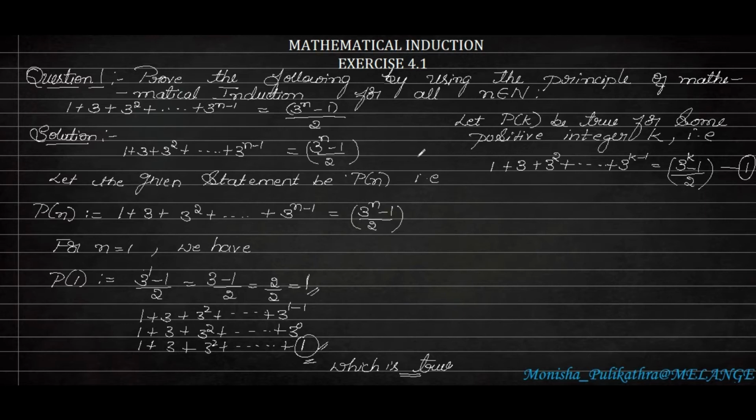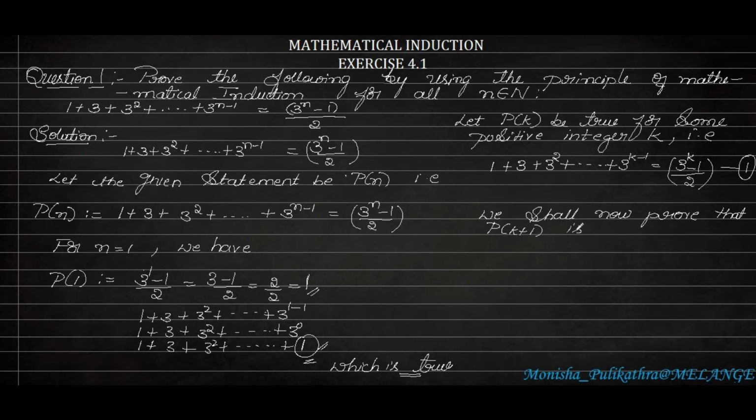So first n, next k, next we have to take P of k plus 1. That is, we shall now prove that P of k plus 1 is true.